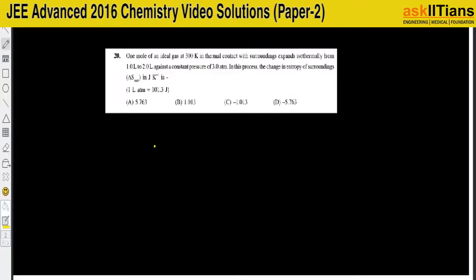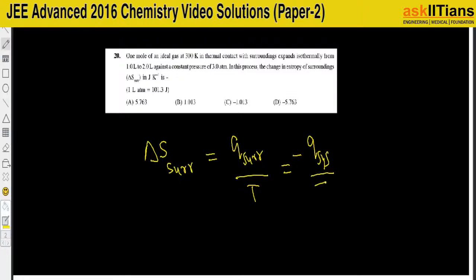So if this kind of situation comes, you have to keep in mind that my delta S of surroundings, which I can also write as Q surroundings by T, correct? But this Q surroundings by T is actually minus Q of system by T.